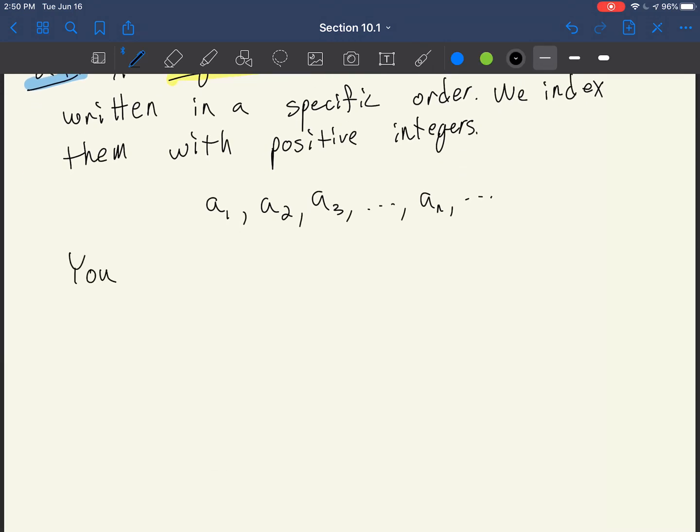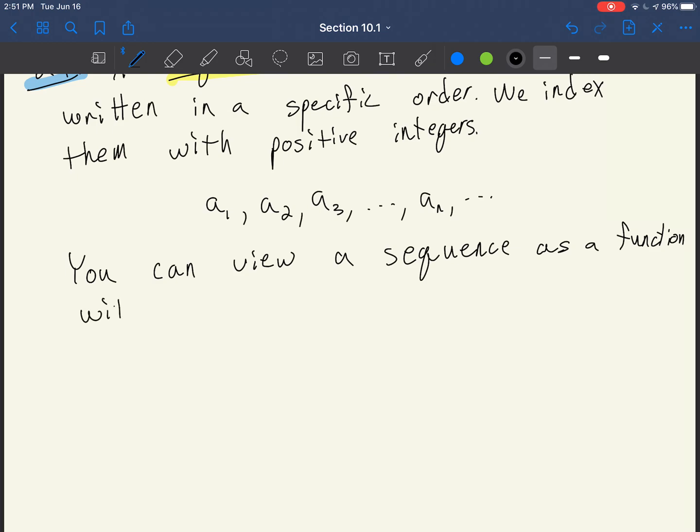A nice way to view a sequence is as a function, but we restrict the domain to only positive integers. The positive integers are infinite, they just keep going.